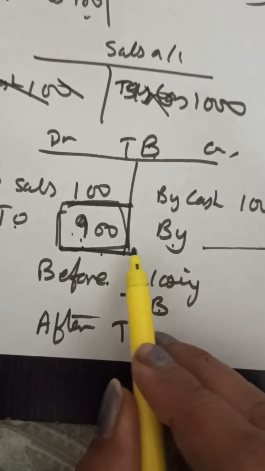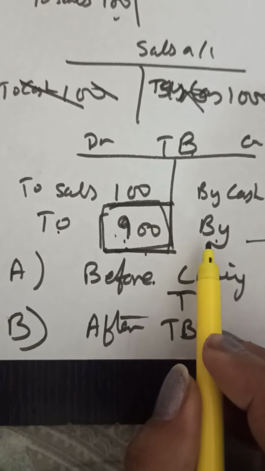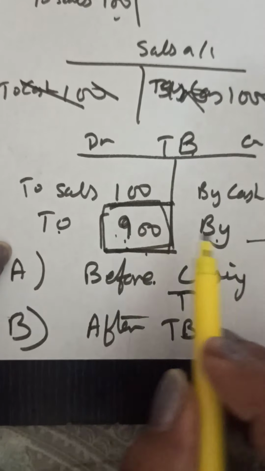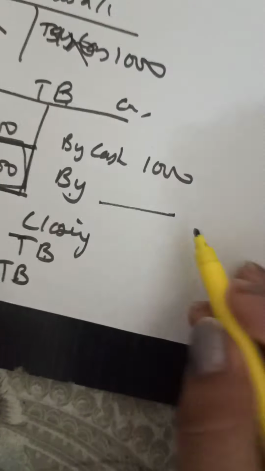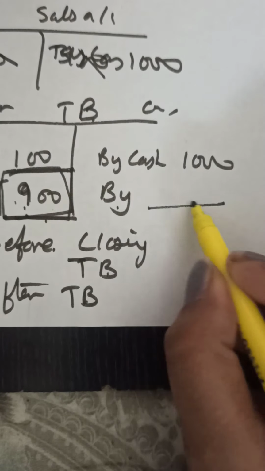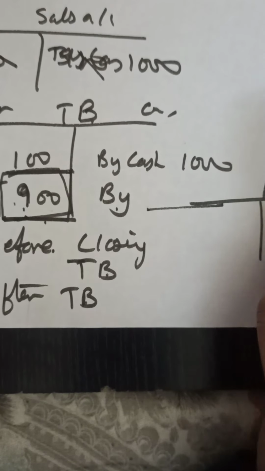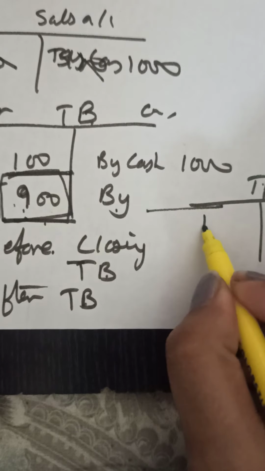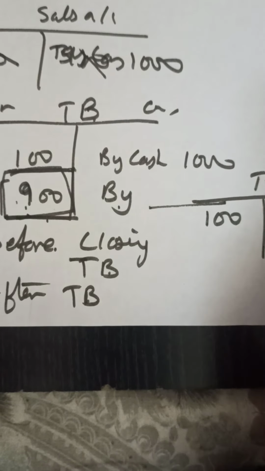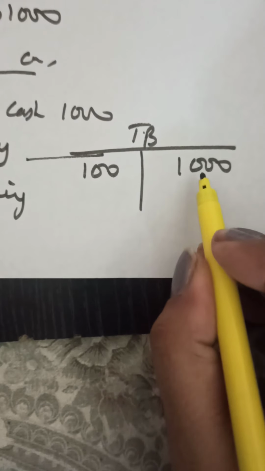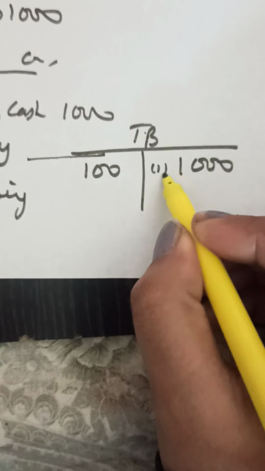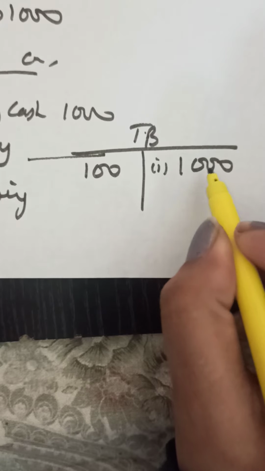When the amount is over added on a side, I will use the same words but on the reverse side. Suppose in the trial balance this side was supposed to be 100 and I wrote 1000 here. The amount of this side is more. It should have been written on the other side. I have one transaction where this side is over added.